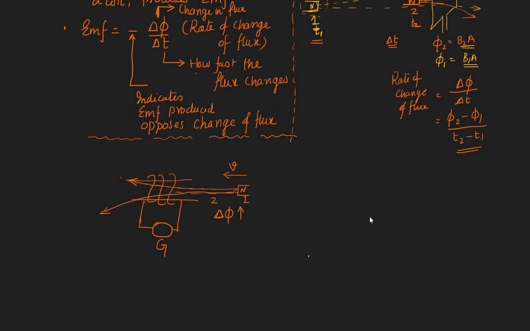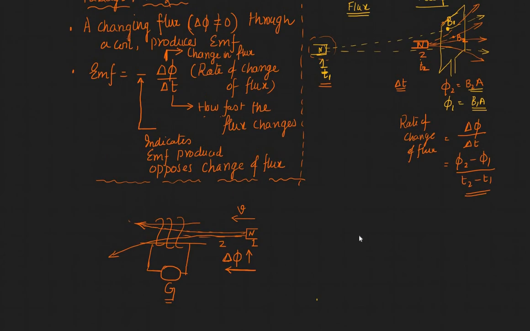The flux lines are increasing in this direction. So Faraday's law says that then EMF is produced in the coil. There's a galvanometer which shows current. So without any battery, there will be current flowing in this coil. That's what Faraday's law says.